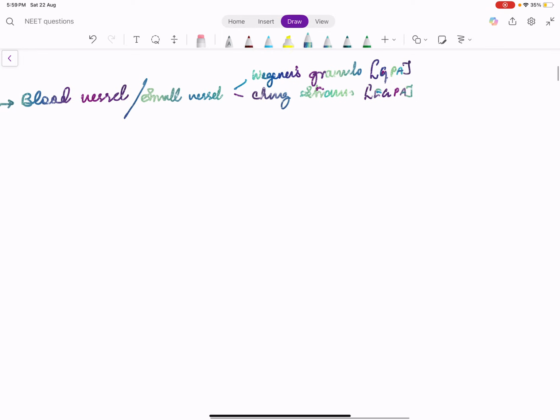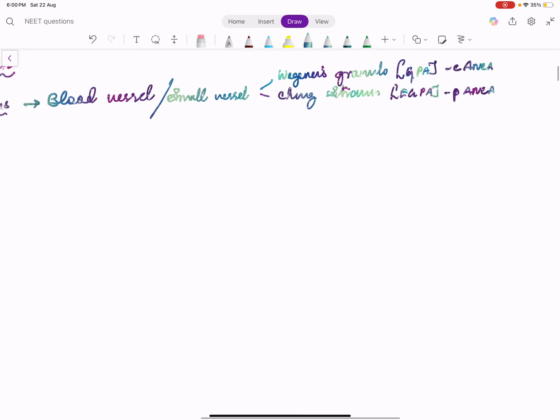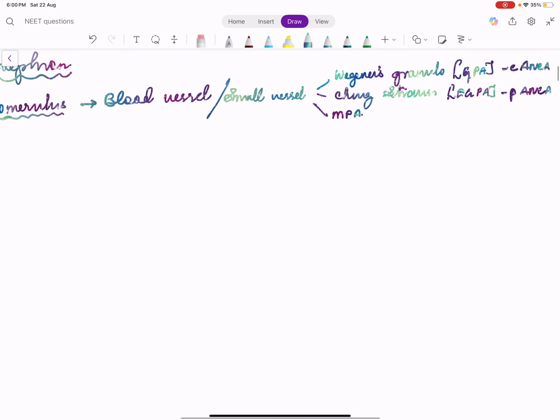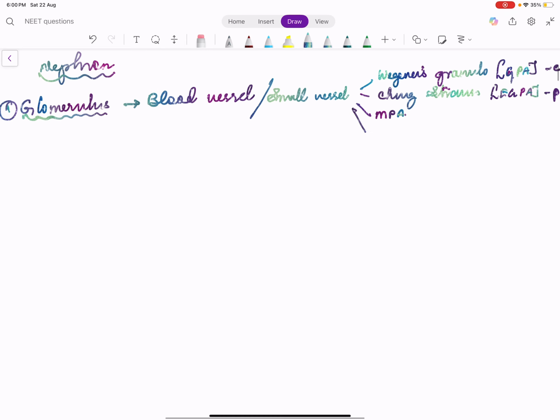Wegener's granulomatosis has C-ANCA as its diagnostic autoantibody and P-ANCA for the others. Then we have MPA, microscopic polyangiitis, and many other diseases. Then we have something called Goodpasture syndrome.